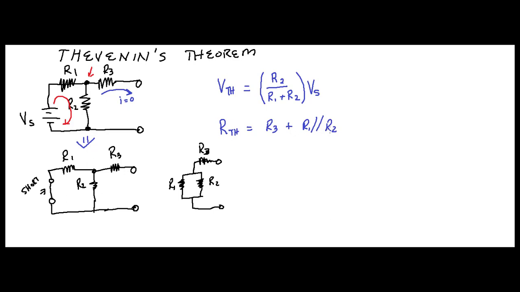So that's the first analysis we could try. You can see how it's applied. And of course, then this whole thing, this conglomeration of resistors can simply be replaced by this circuit right here. Like this.